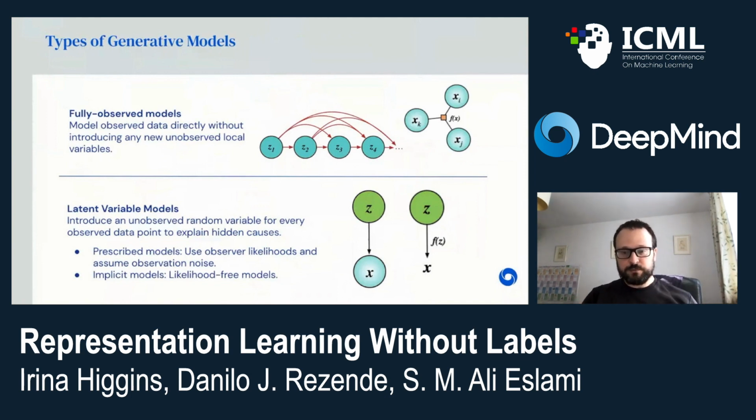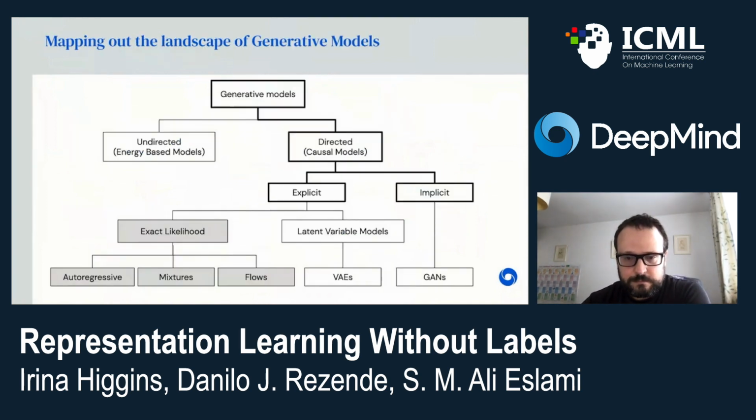And at the bottom, we have a simple representation of latent variable models. On the bottom left, you have an explicit latent variable model, and on the right, it's the notation for an implicit latent variable model, where you can note the missing circle for the variable x at the bottom, which indicates that there's no likelihood function there.